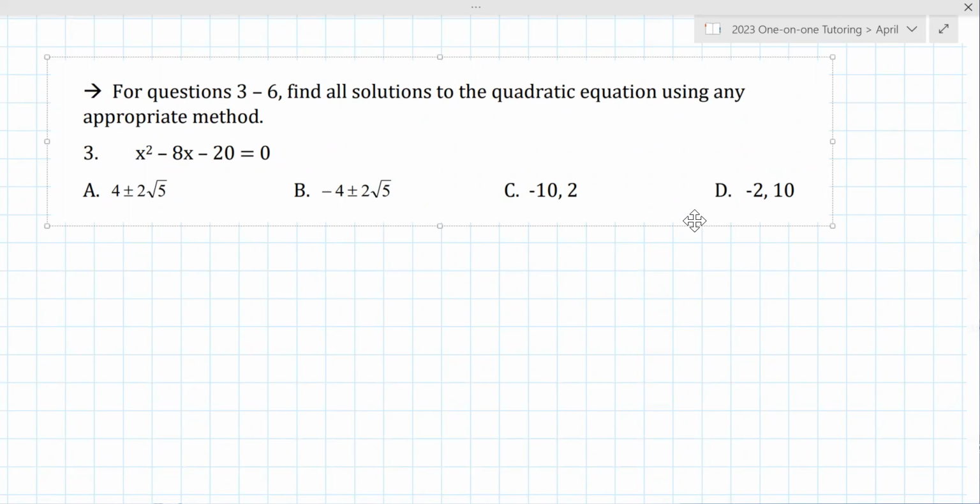You can decide. You have to look at this and maybe look at the answers, and maybe it will help. A and B are kind of like completing the square answers or quadratic formula answers, and C and D are more like factoring answers that are nice, we'll say.